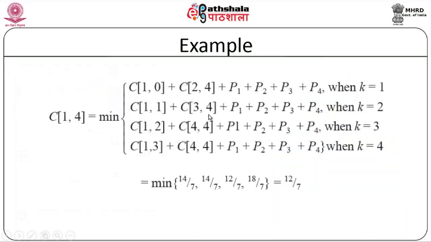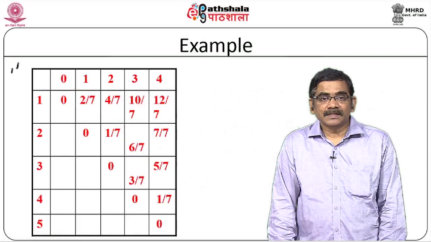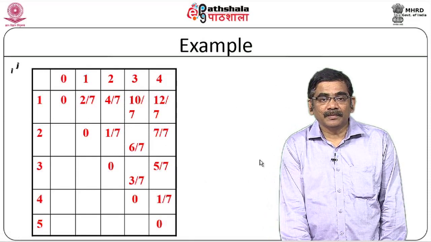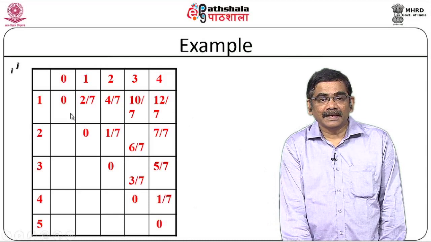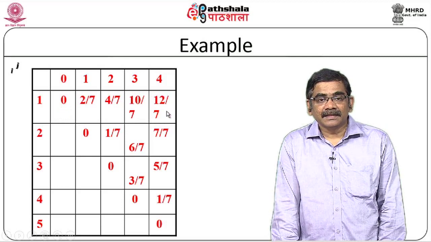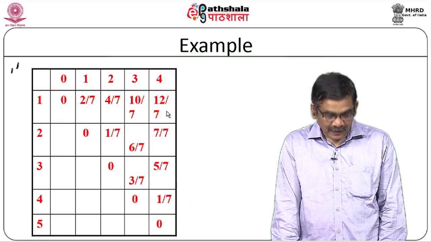Again by applying the recursive definition, it is the minimum of all these factors, which turns out to be 12 by 7. Now we can put everything into this table. 12 by 7 is going to be 1 comma n, that is 1 comma 4. Therefore, this is going to be the optimal cost for constructing the tree structure.